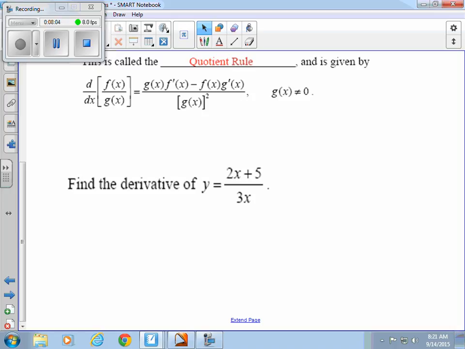And I have a shortcut to remember it too. To do that derivative, you do the bottom function times the derivative of the top minus the top times the derivative of the bottom, all divided by the bottom squared.